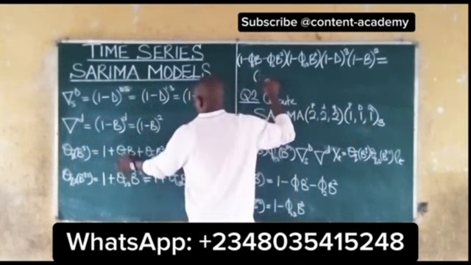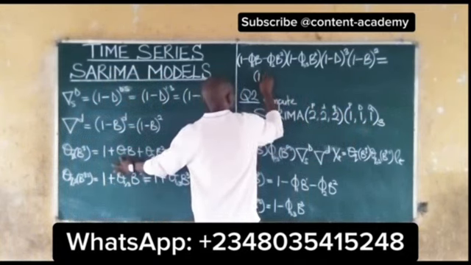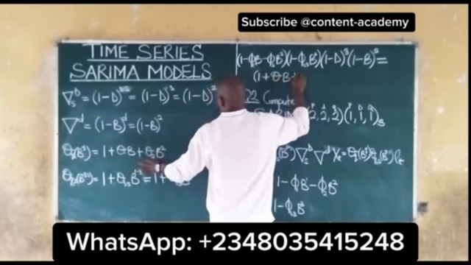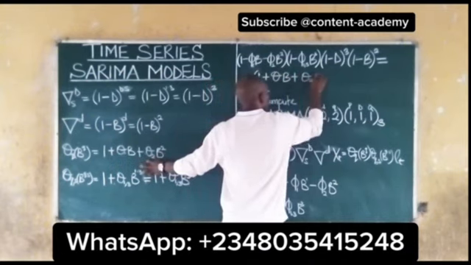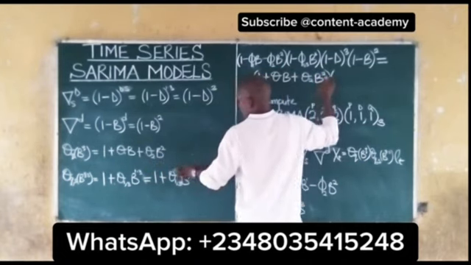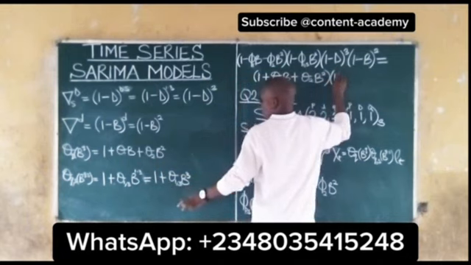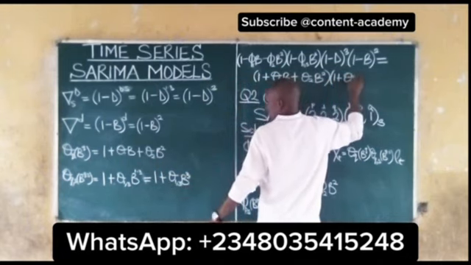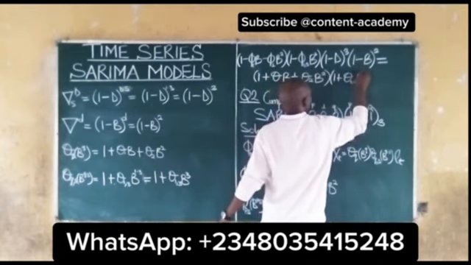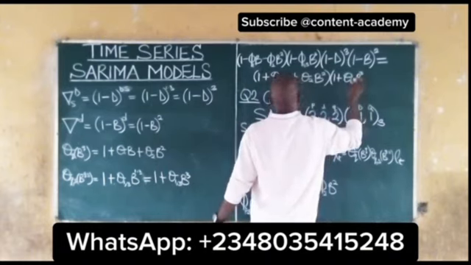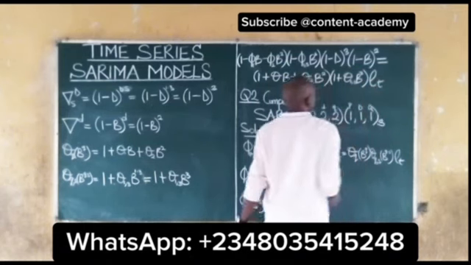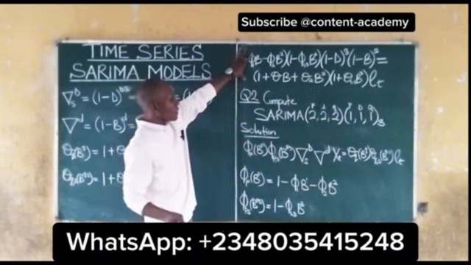So we have it to be 1 plus theta 1 B plus theta 2 B squared and 1 plus theta 1 comma 3 B^3 then e_t.